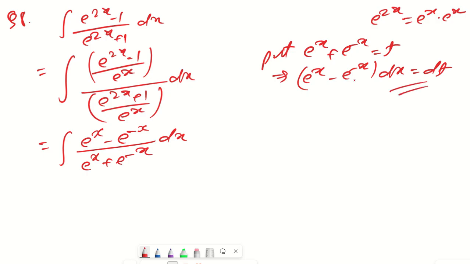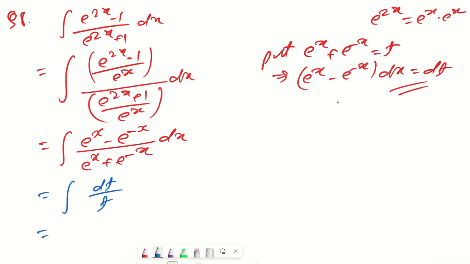So the numerator of this integration, e to the power x minus e to the power minus x dx, can be replaced by dt, and e to the power x plus e to the power minus x will be t. So after substitution we get the integration of dt by t.